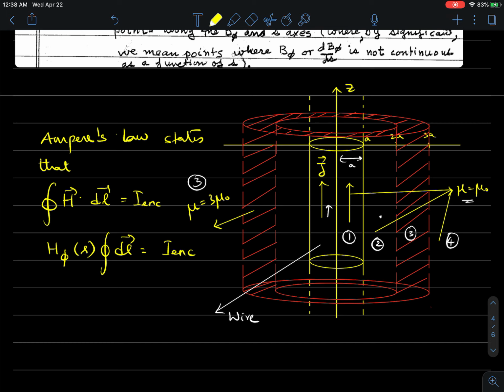If you draw an imaginary Amperean loop, the loop could be of any dimensions. For now, I will draw a loop in this region.